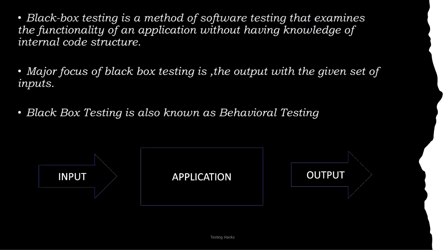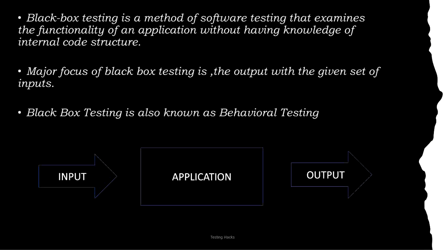White box testing. Black box testing is a method of software testing that examines the functionality of an application without having knowledge of the internal code structure. The major focus of black box testing is the output for the given set of input. Black box testing is also known as behavioral testing.